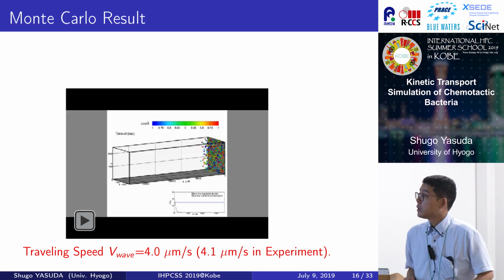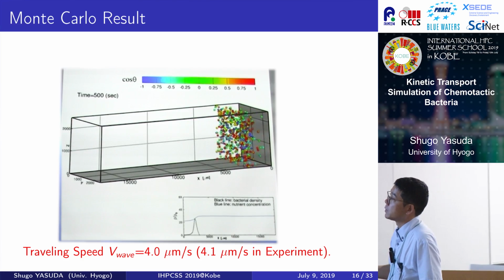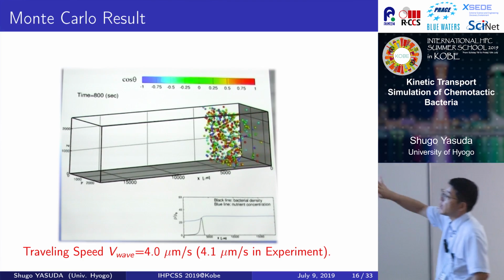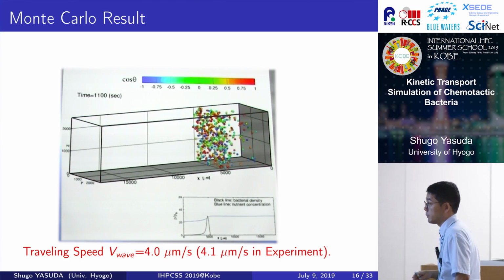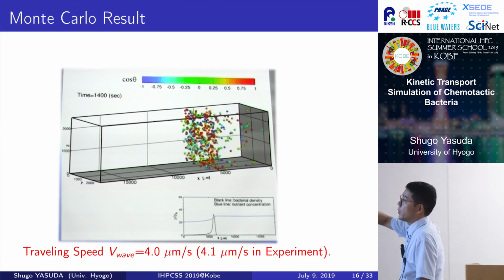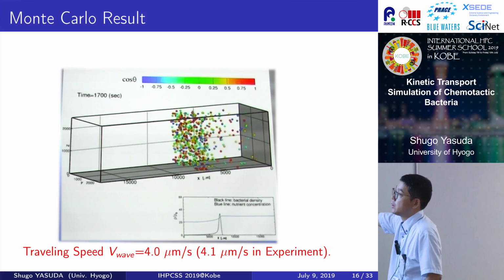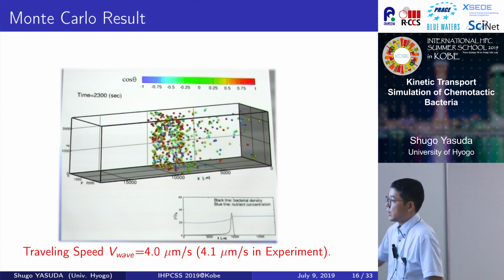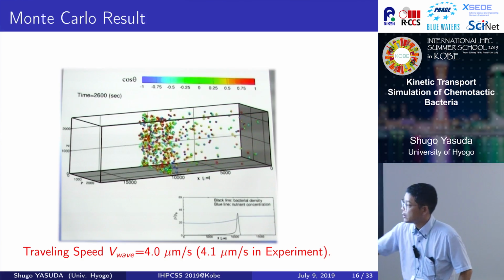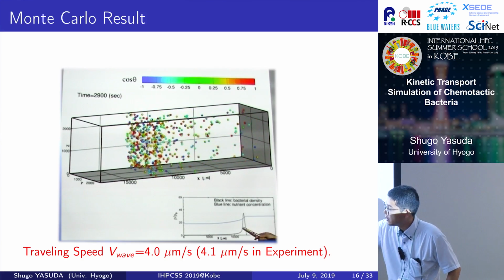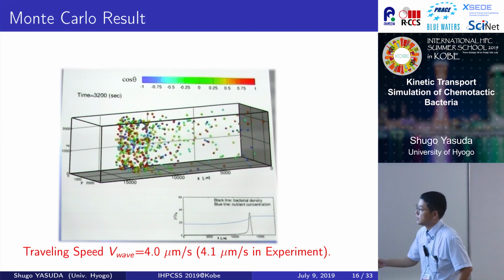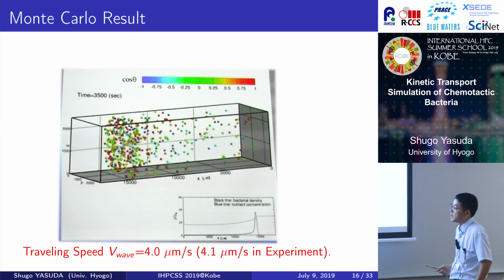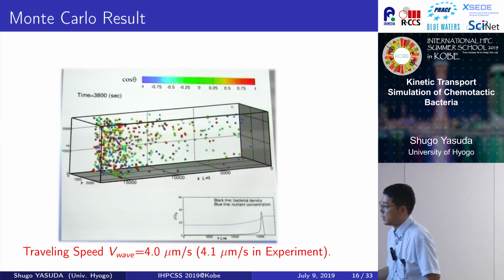Okay. This is the movie. The bacteria first accumulated. So each particle represents a bacterium. And first, the bacteria accumulated on this side, but moved out to the other side collectively. And this inset shows the population density drawn by the black curve, and the blue curve shows the nutrient concentration.